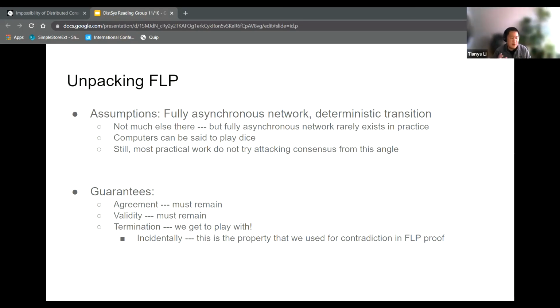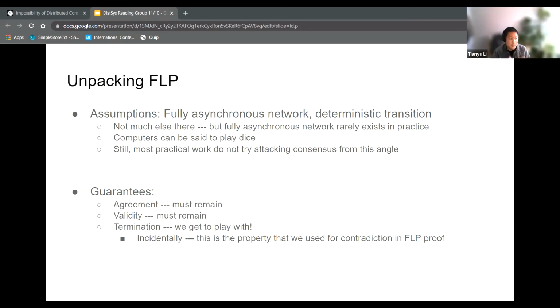But a fully asynchronous network really rarely exists in practice. You don't have an evil person deciding which message to delay in your network. It's going to be bound by real-world constraints like distance or congestion. And as for deterministic transition, computers can be made to play dice, so we don't have to abide by determinism. Still, most practical work does not attack consensus from this angle.